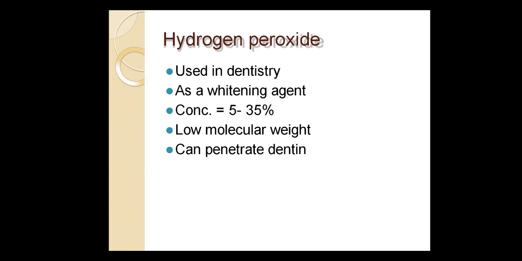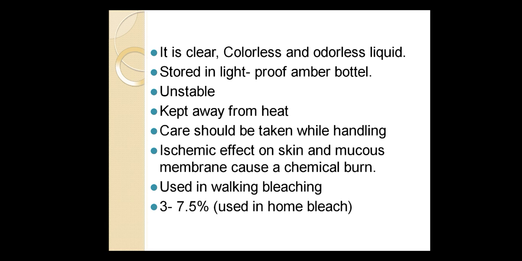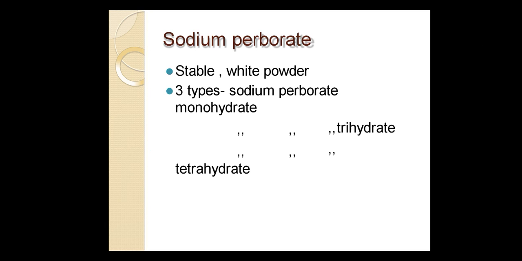It is a whitening agent, low molecular weight, can penetrate dentin. It is a clear, colorless, odorless liquid stored in a light-proof amber bottle, unstable, kept away from heat. Care should be taken while handling, as it has a caustic effect. It is used mainly in walking bleach, and in a concentration of 3 to 7.5% in case of home bleach.